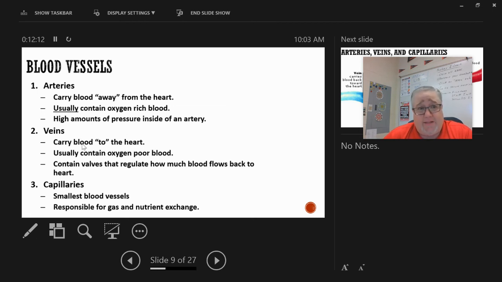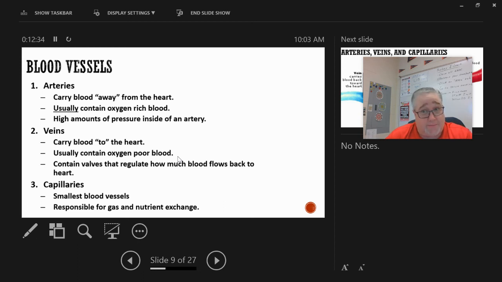Now, veins typically carry blood to the heart. So, anytime blood gets pumped out of the heart, there's going to be blood that flows back to the heart, and that's typically veins. Veins usually contain oxygen poor blood, so the oxygen content is fairly low.